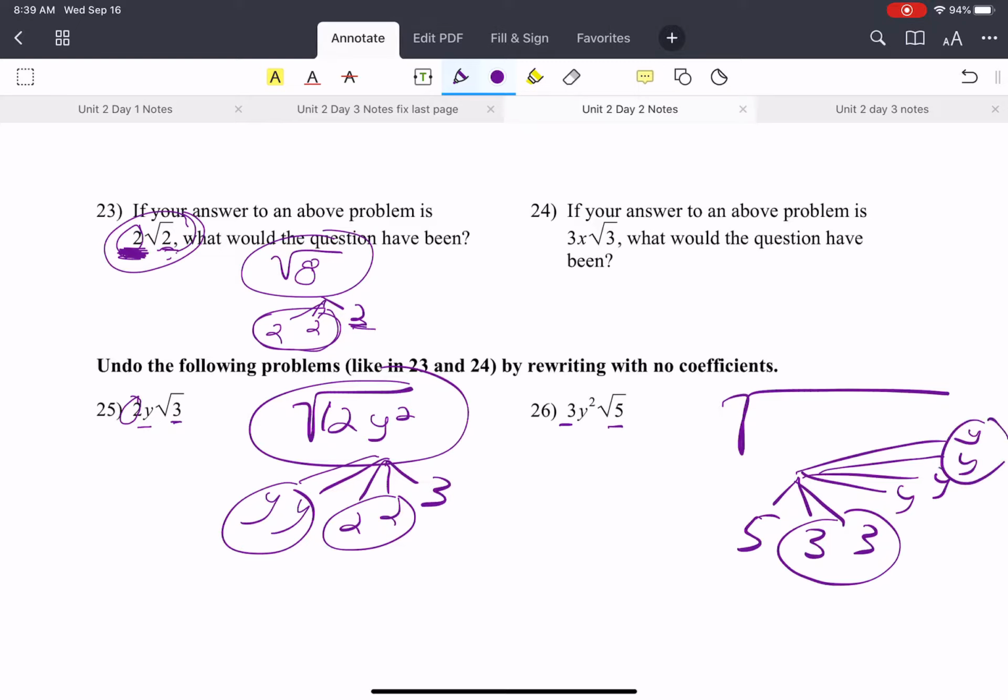Because that's how I had 2 groups. So 5 times 3 times 3 is what? Y to the 4th. Try 24 now. You guys got the hang of it on that one. Try 24 and then we're done.